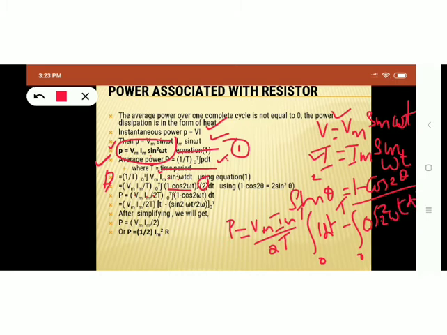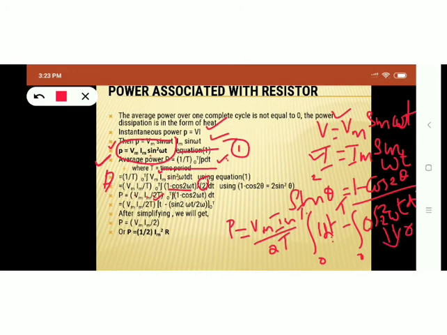Okay. So here integral 0 to T of 1 dt is T. And here whenever you integrate cos 2 omega t dt over a complete cycle, you get the value 0. No need to integrate it further.